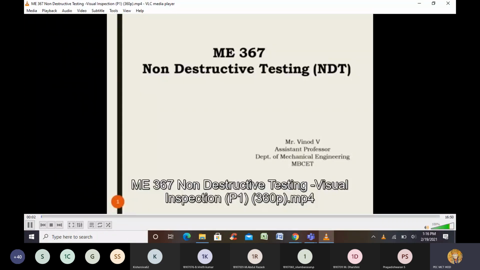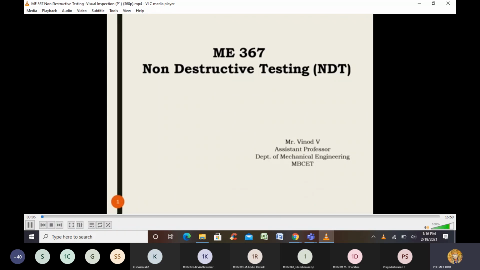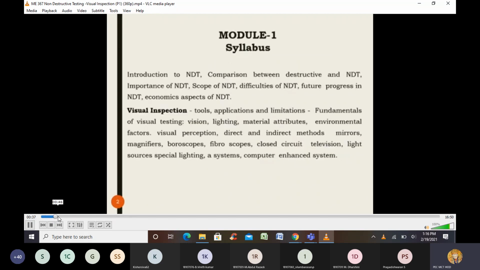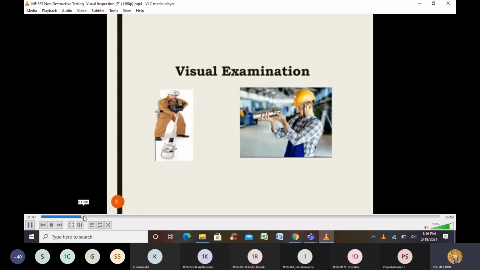Hello everyone, welcome to this course on non-destructive testing. The subject non-destructive testing is offered as an elective series. This concept is on visual examination. Visual examination, as the name suggests, means we examine the product with our naked eye or using external devices.